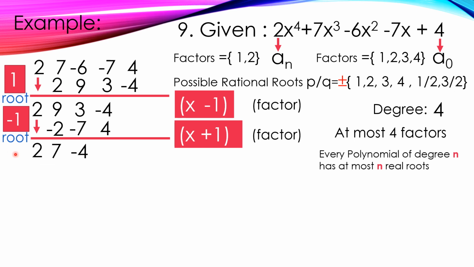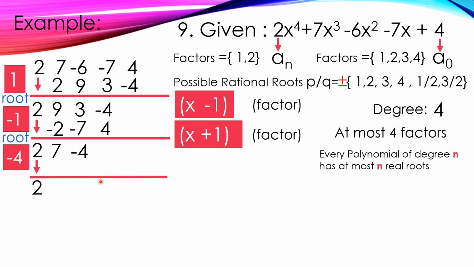Continue using synthetic division using the remaining numbers on the bottom row. So since the last term is 4, we can try either positive or negative 1, positive or negative 2, or positive or negative 4. So let us try negative 4.